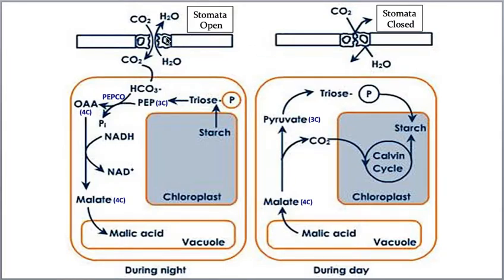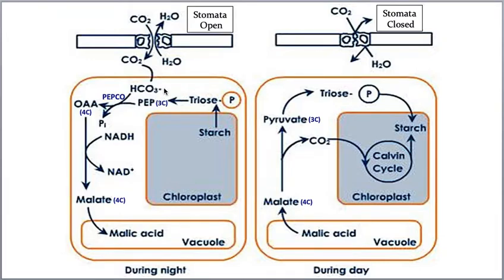Now, when it is open, carbon dioxide enters into the mesophyll cell. Then it reacts with some amount of water. When it reacts with some amount of water, it converts into bicarbonate; of course, one hydrogen goes out, and the output is the bicarbonate form.